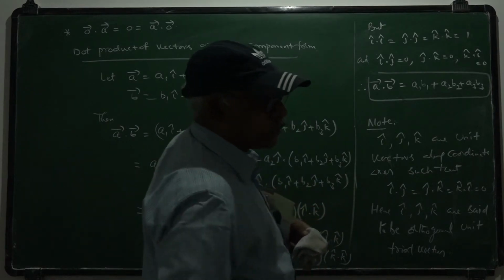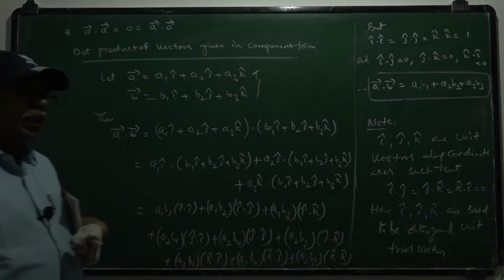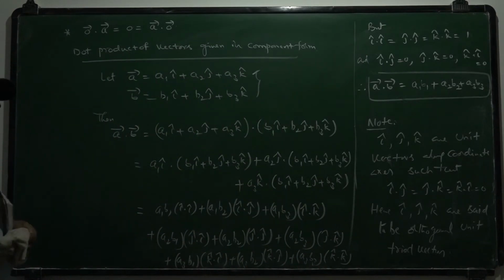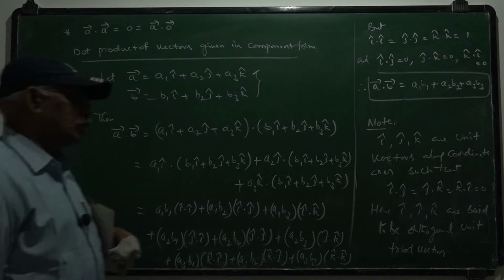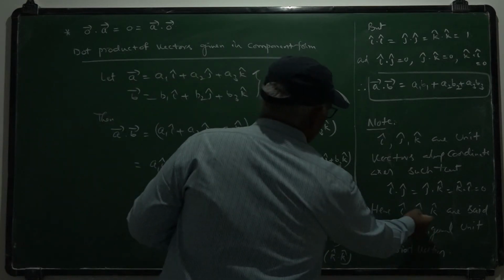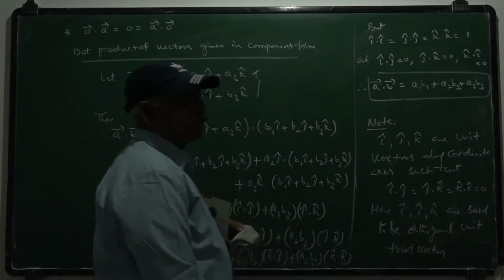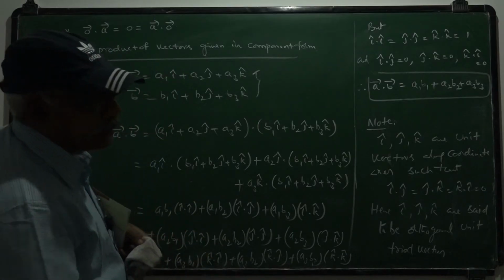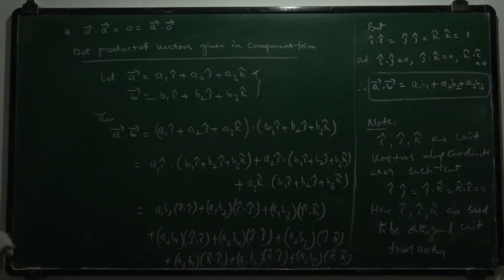Any three vectors which are orthogonal and unit vectors are said to be orthogonal unit triad vectors. Any two are orthogonal, and since they are unit vectors, we can call them orthogonal unit triad vectors.